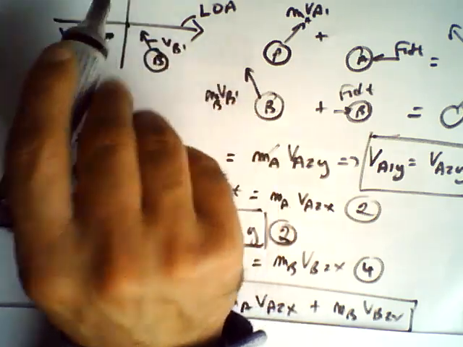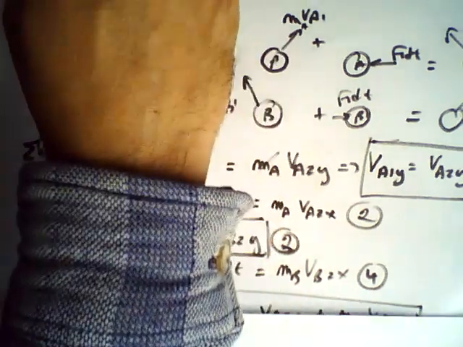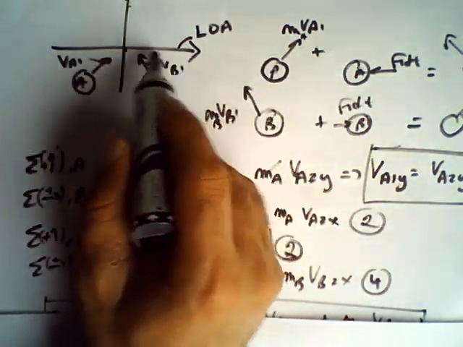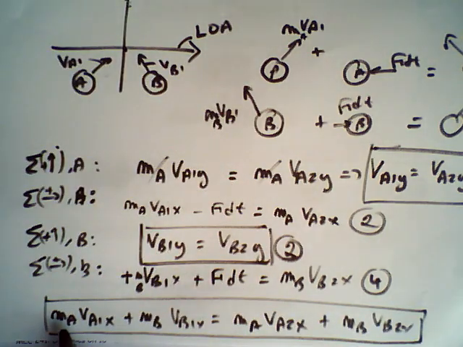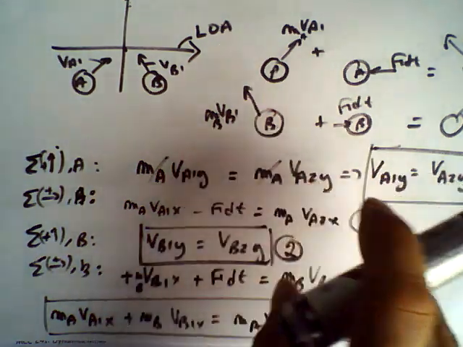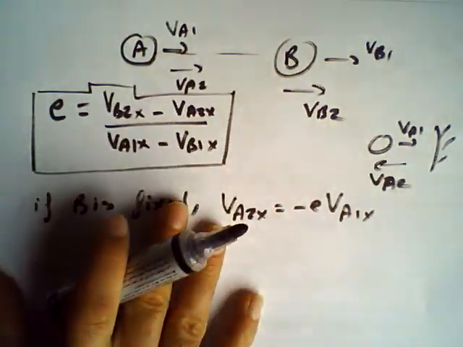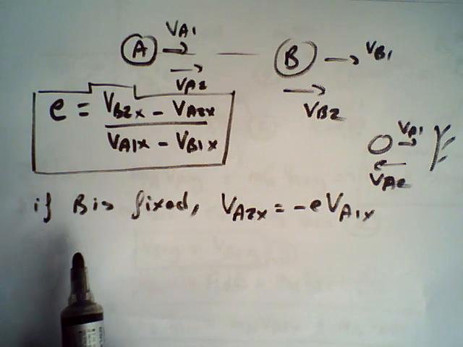I'm not applying any force in the upward direction to change their velocities, but I know that along the line of impact their total momentum is going to be conserved. And then I'm going to say MAVA1x plus MBVB1x is going to be equal to MAVA2x plus MBVB2x. Alright, so these give me 3 equations, 3 unknowns. I need one more equation, which is the coefficient of restitution.